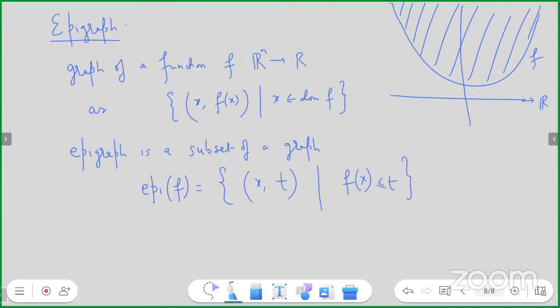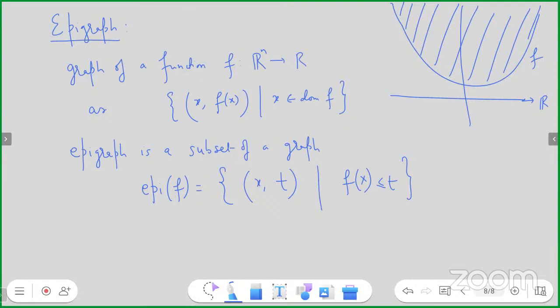If the epigraph is in fact convex, what does it imply on the function? The function is just the boundary. That's correct. So then any two points that connect on the boundary should lie above the function.